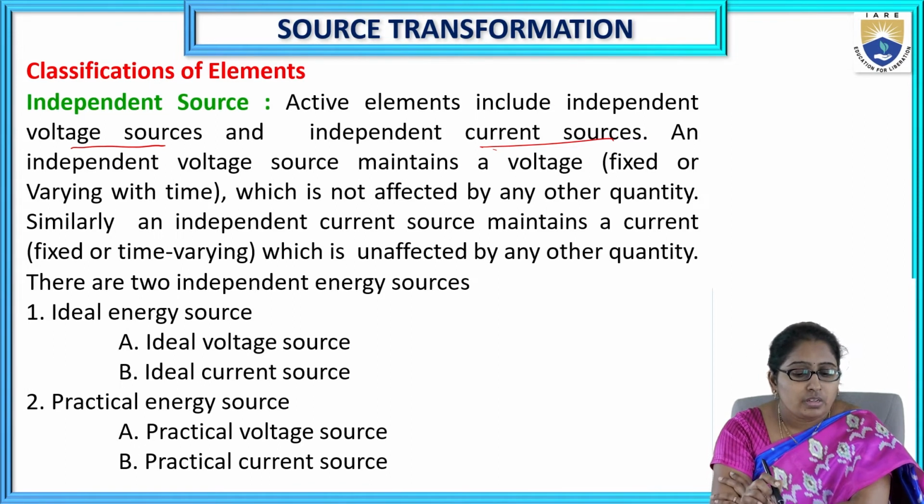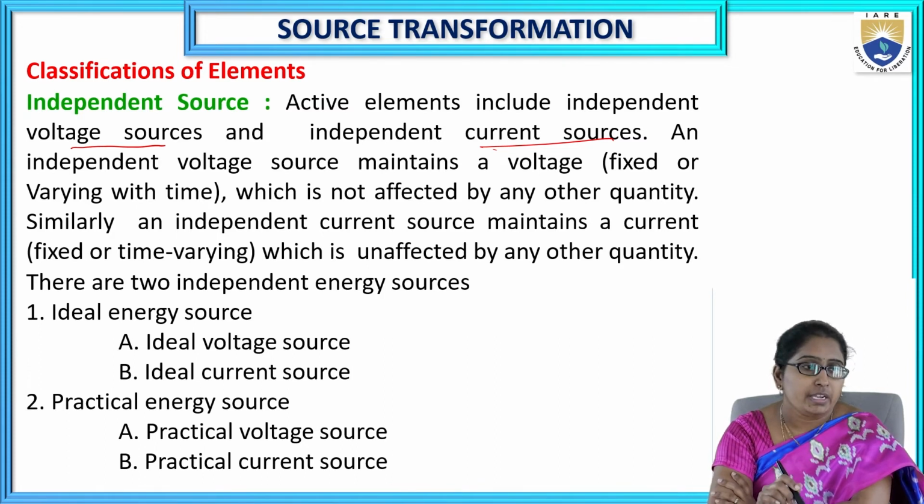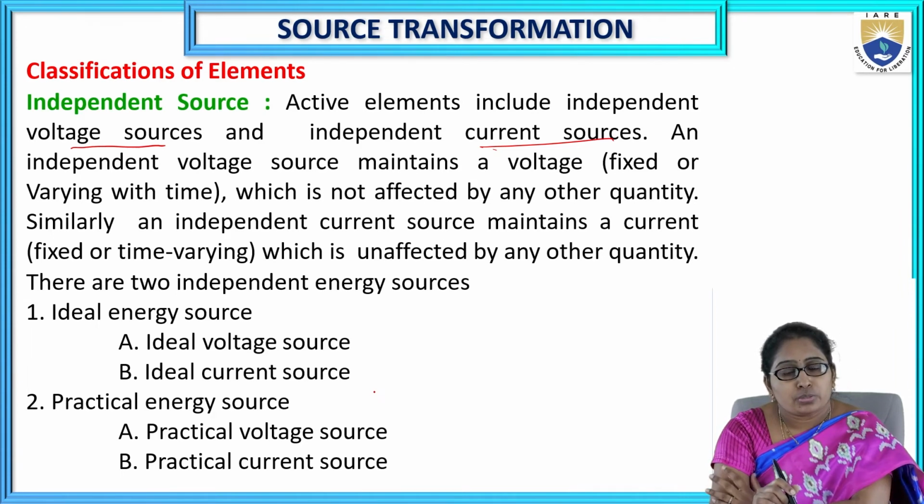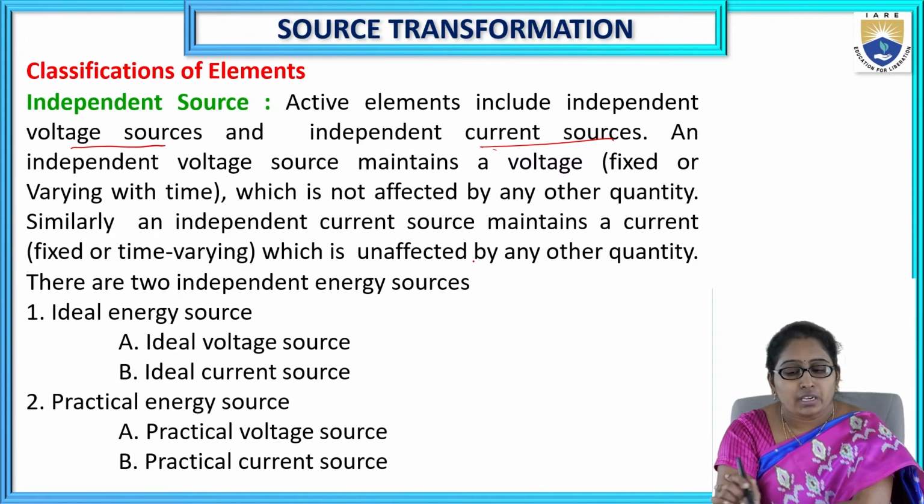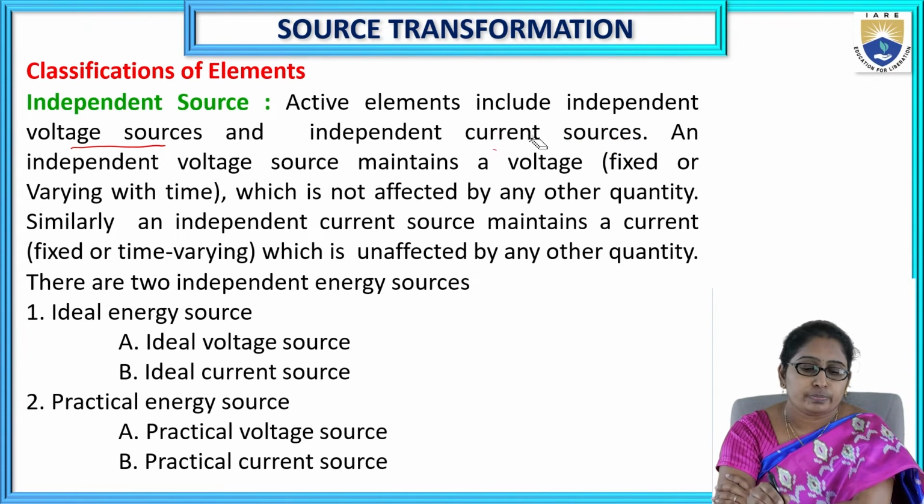Now, there are two kinds of independent energy sources: one is the ideal energy source, the other is the practical energy source. So under ideal, we have the ideal voltage source and ideal current source. Under practical, in a similar manner, a practical voltage source and a practical current source.